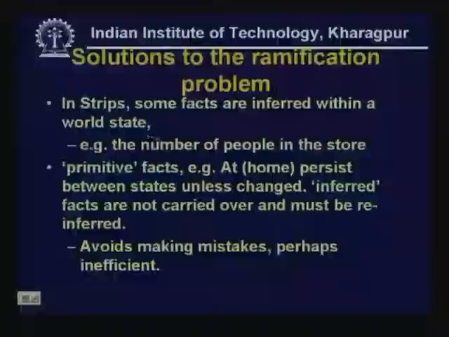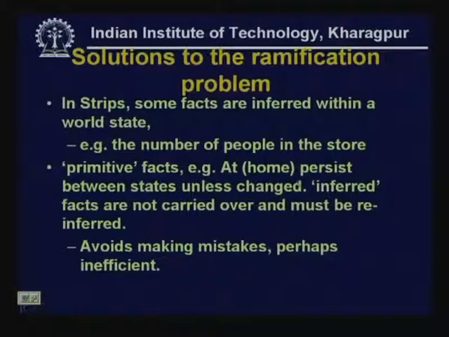In STRIPS, you do not have to specify all the effects of the action which can be inferred by some other technique. For example, the fact that the number of people in the store goes up by 1 if I go to the store can be handled by some rules.